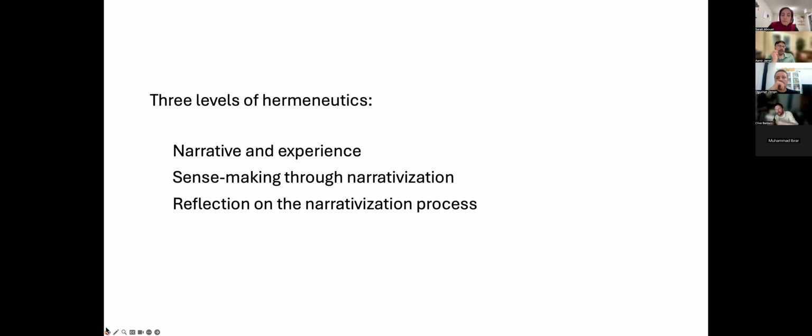For example, we are getting stories in terms of interpreting religious text in different ways. The interpretation of the Quran or the Prophet Muhammad's life has been interpreted in multiple ways, right?